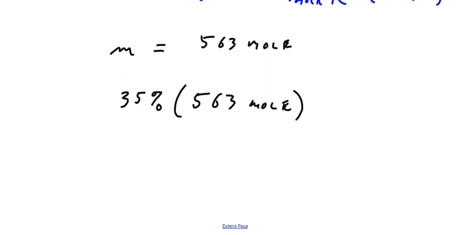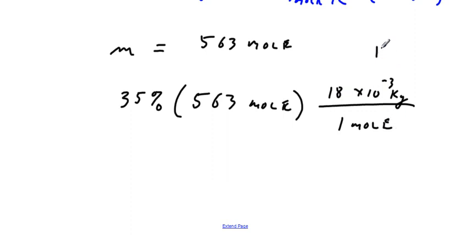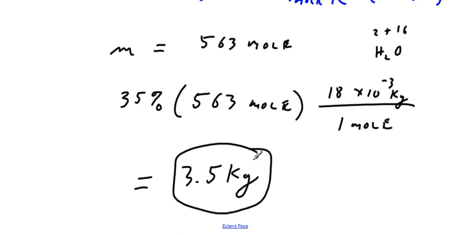I'll put it all in my calculator at the same time. 18 times 10 to the minus third kilograms per 1 mole. And water's H2O, so that's 2 hydrogens and an oxygen, so that's 16, and 2 from that makes 18. So that's where that comes from. And when I get done, I get 3.5 kilograms of water can still be evaporated into the room.